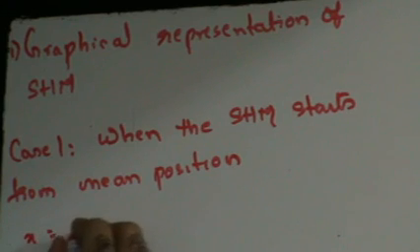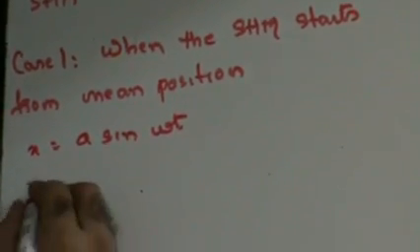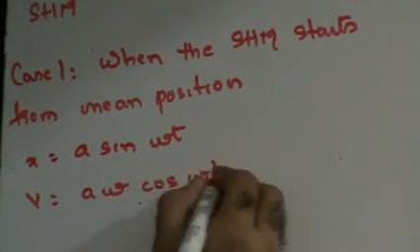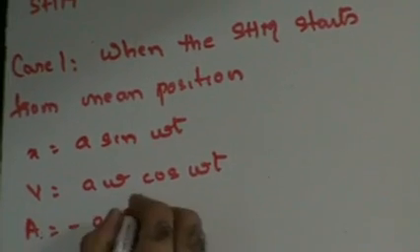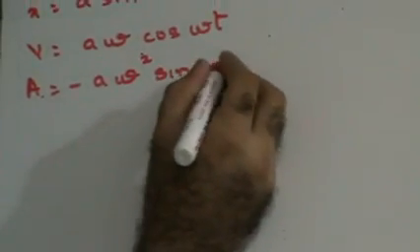Displacement is equal to A sin omega t. Velocity is equal to A omega cos omega t. And acceleration is minus A omega square sin omega t. Right?